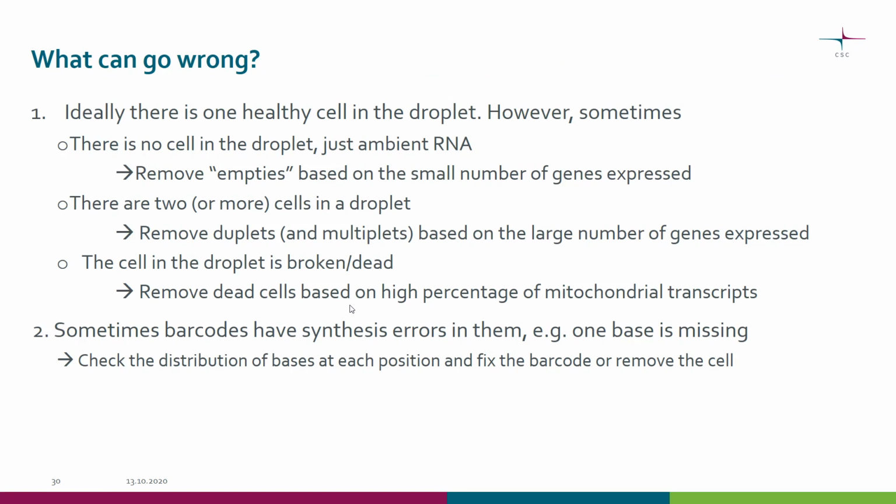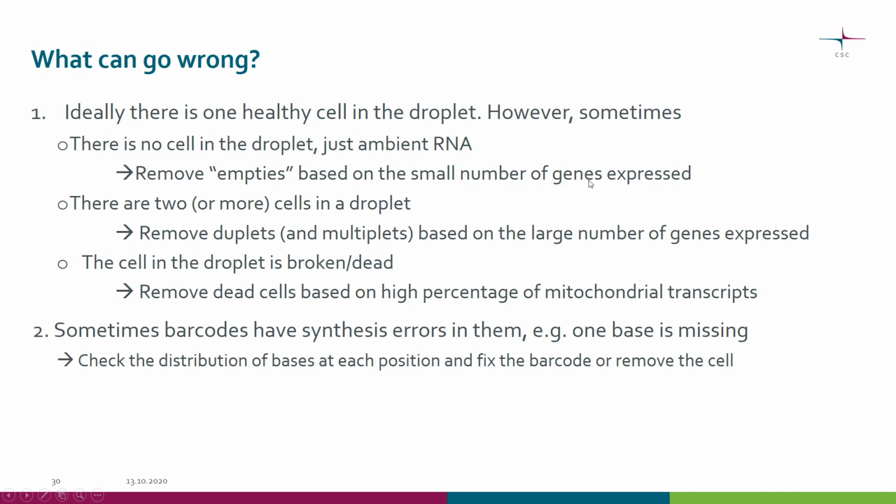It's also good to be aware that sometimes things don't go perfectly. Ideally, we want to have one healthy cell in a droplet. But sometimes it can happen that there's actually no cell, just some RNA that was floating around. We would still get some reads, but those reads wouldn't represent many genes.